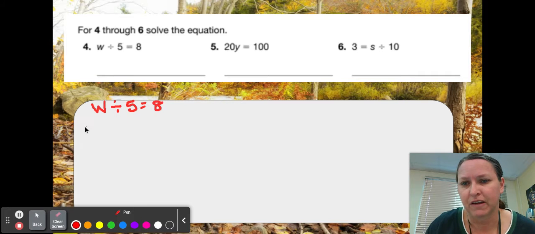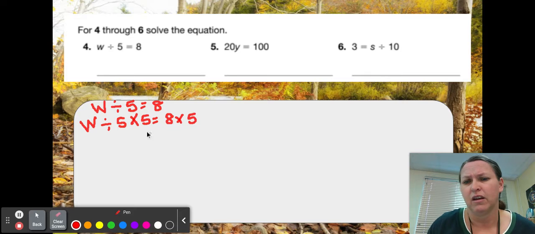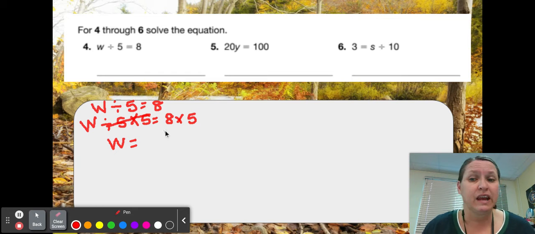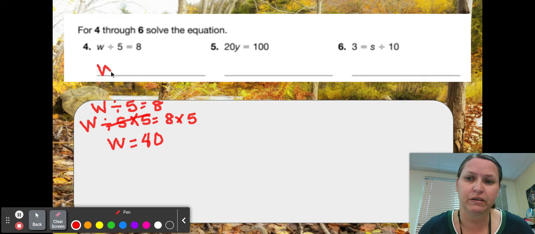I'm going to multiply by 5. So w divided by 5 times 5 equals 8 times 5. Dividing by 5 and times 5 cancels out, so I would be alone with w right here. 8 times 5 equals 40. So w equals 40.